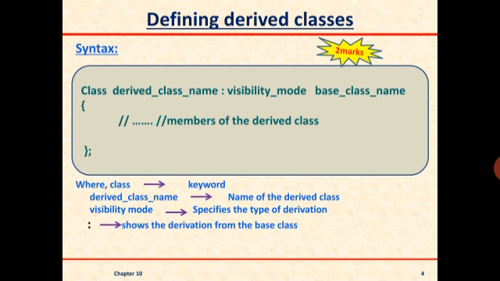So how is the subclass derived, whether privately, publicly or protectedly? That is specified by the visibility mode. So you have to remember this syntax. Here very important thing is the colon. Always remember, between derived class name and the base class name there is a colon, which tells us that we are using inheritance concept.